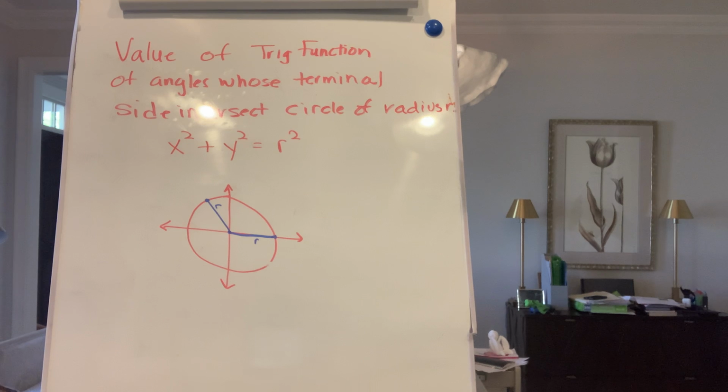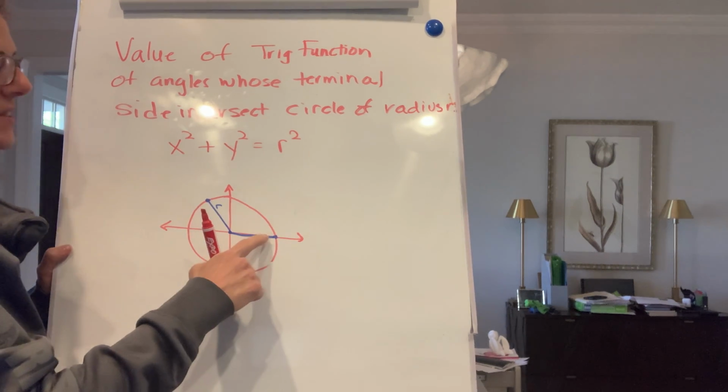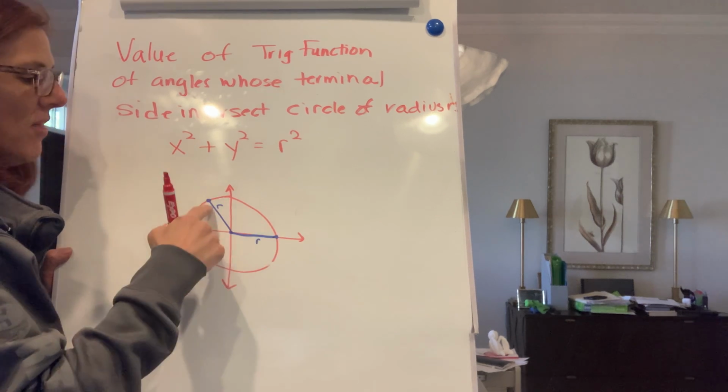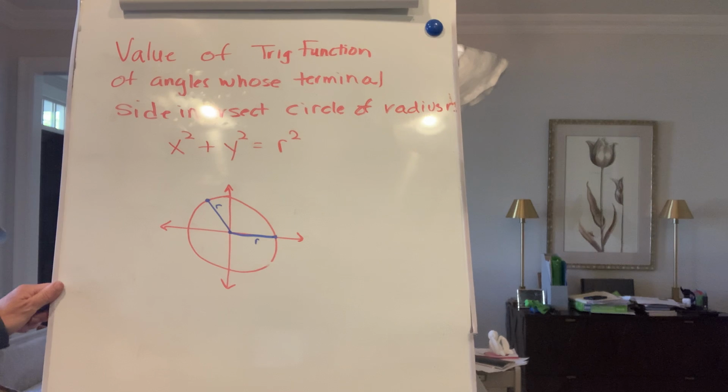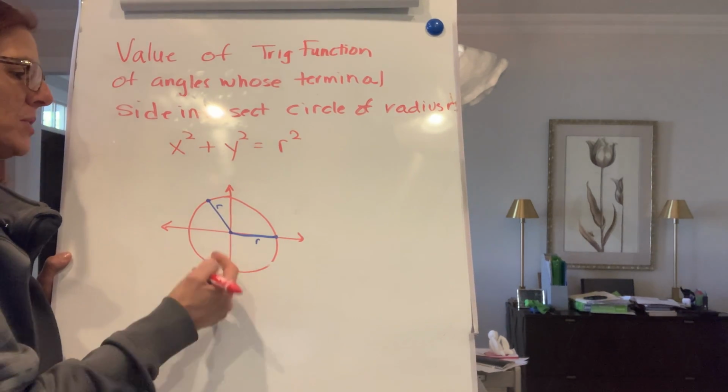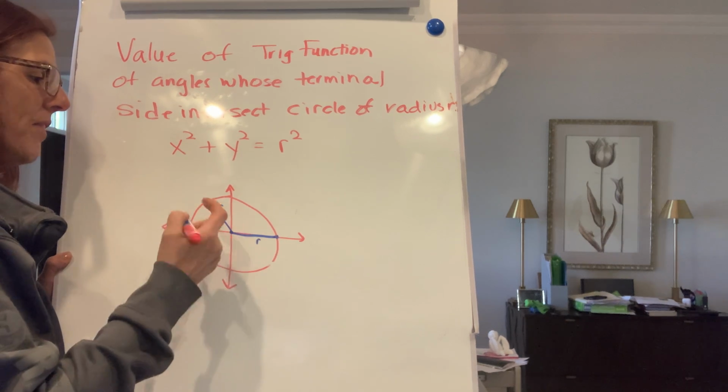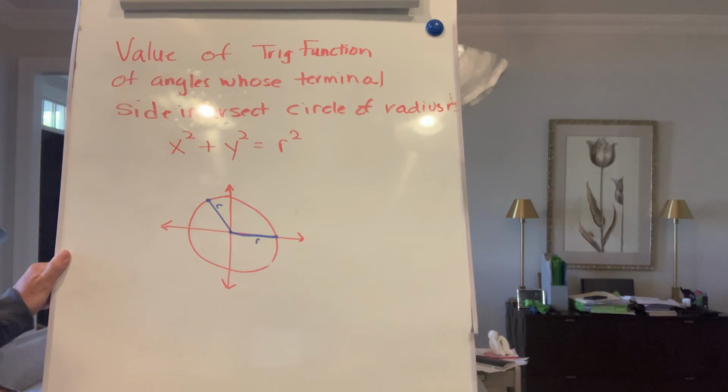So given that, depending on where my terminal side is, so this is my initial side, this is my terminal side, I can use the Pythagorean theorem to find the value of the trigonometric functions of the angle here without even having known what the angle is.